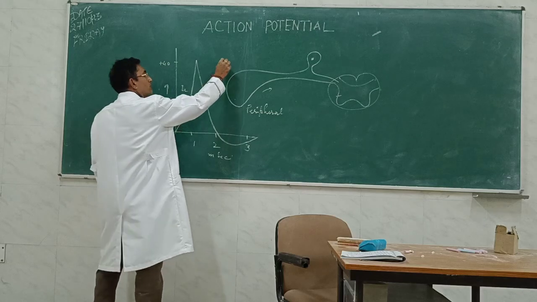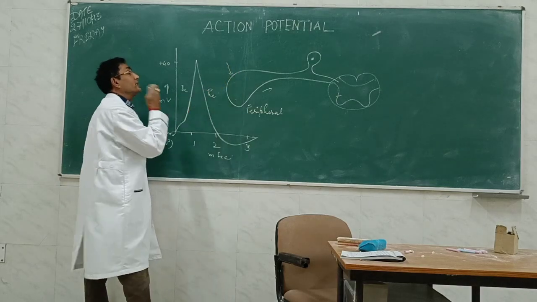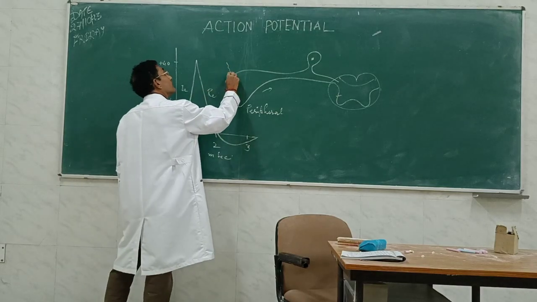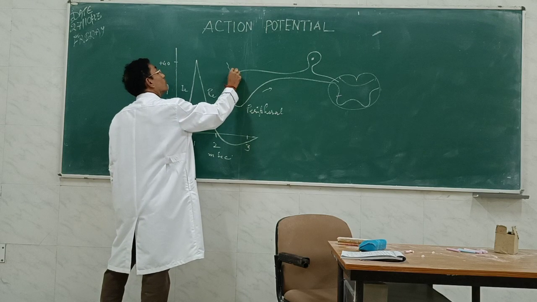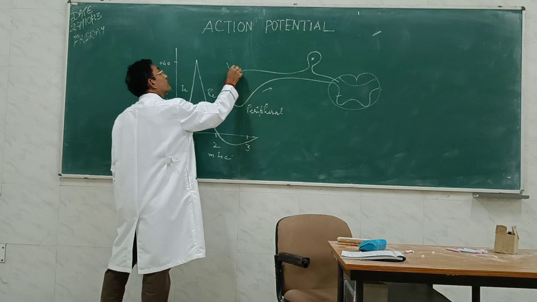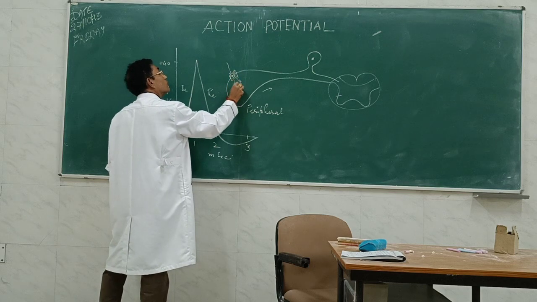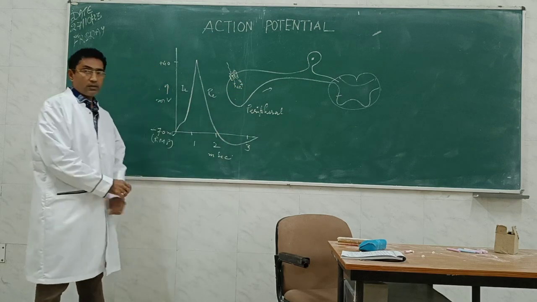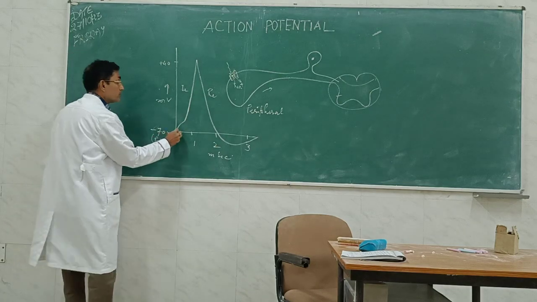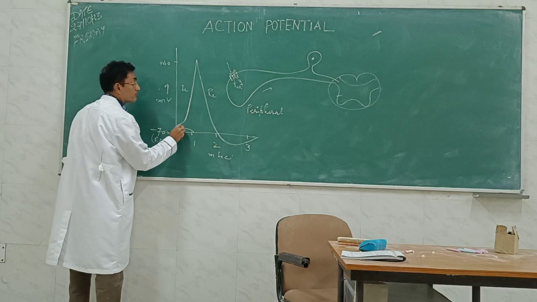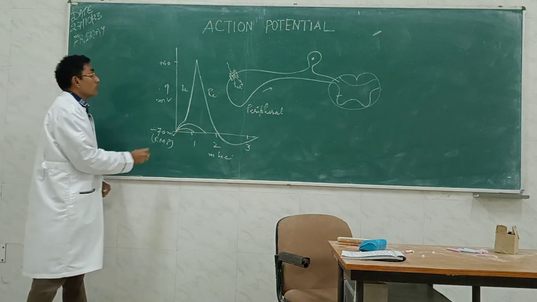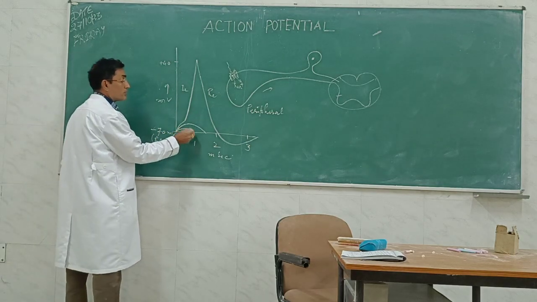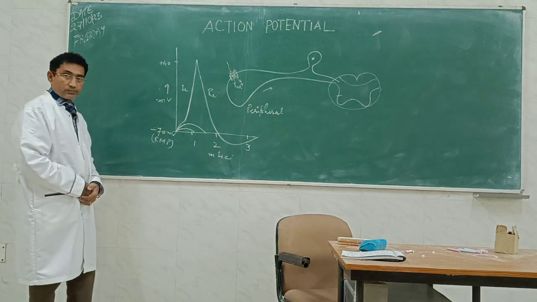What I am talking about is, if a little touch is there, then there is a channel which we call the leaky sodium channel. The leaky sodium channel is activated, and we can see changes in the potential.